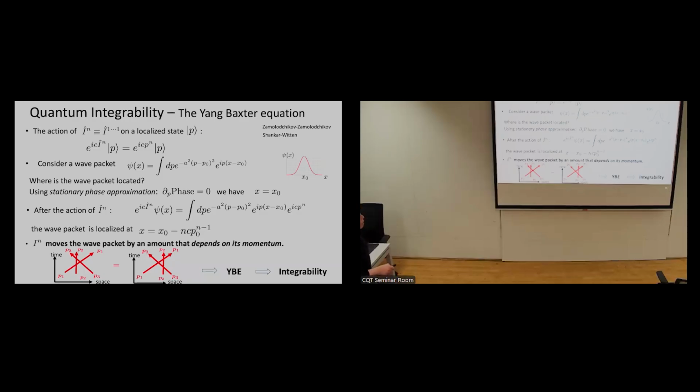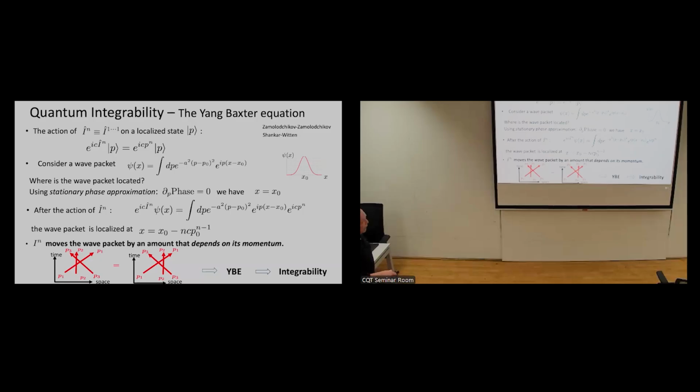I take the derivative of the phase, which is now given by p(x minus x naught) plus cp to the n, and I discover that the wave packet is located not at x naught, but at x naught minus n c p naught to the n minus 1.